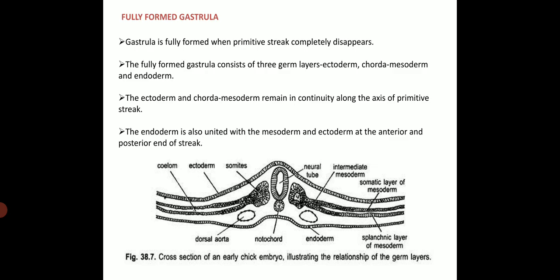The fully formed gastrula contains three germ layers: ectoderm, chorda mesoderm and endoderm. The ectoderm and chorda mesoderm remain in continuity along the axis of the primitive streak. The endoderm is also united with the mesoderm and ectoderm at the anterior and posterior ends of the streak.